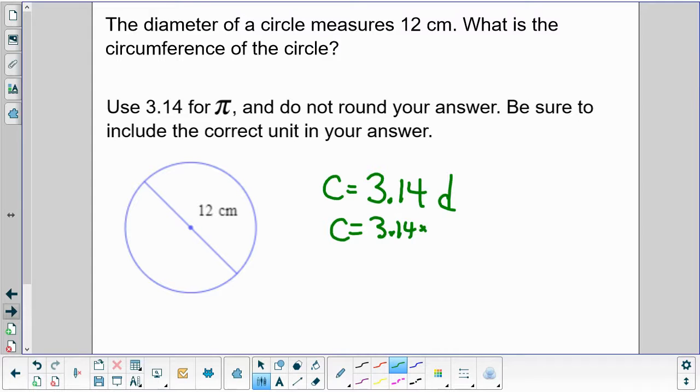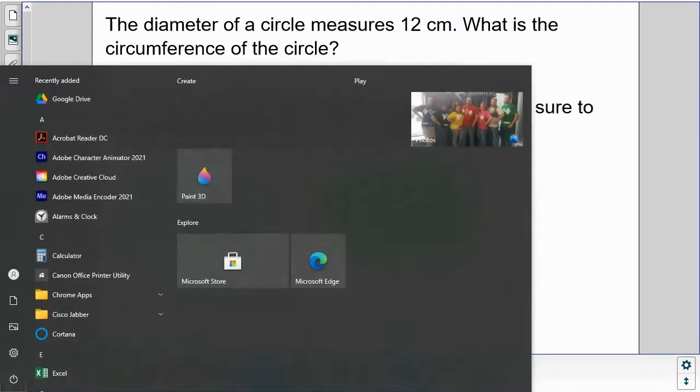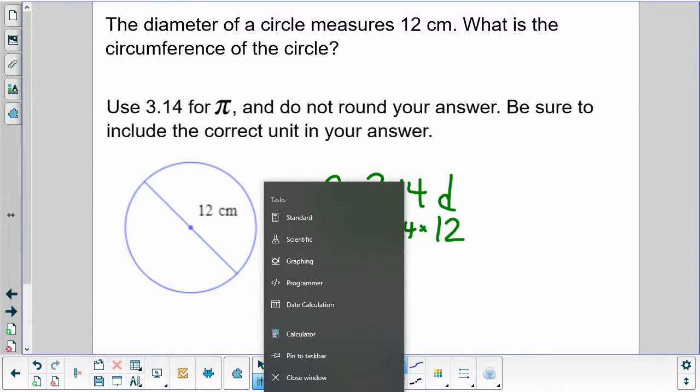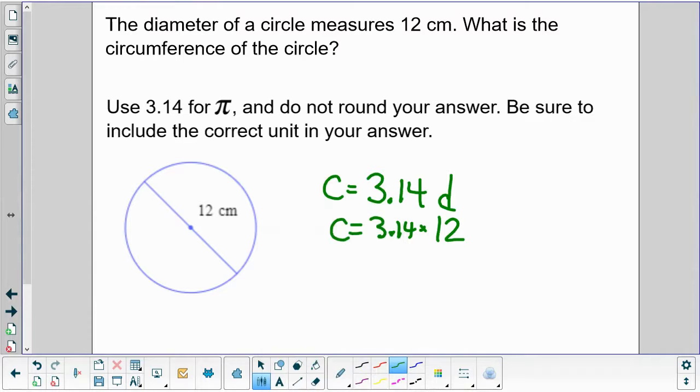And 3.14 times 12 equals, and we're going to grab a calculator. You can't see my calculator, but hopefully you're doing that on your calculator. I'll start doing them with a calculator. So if you do it longhand, you just do 3.14 times 12.